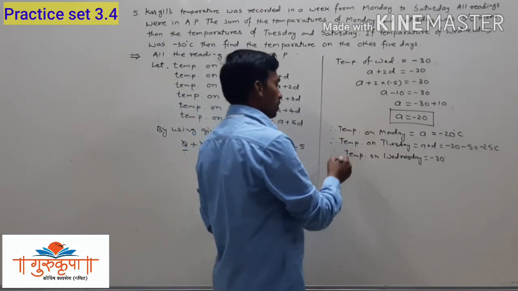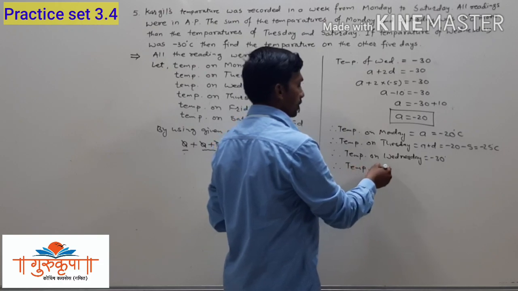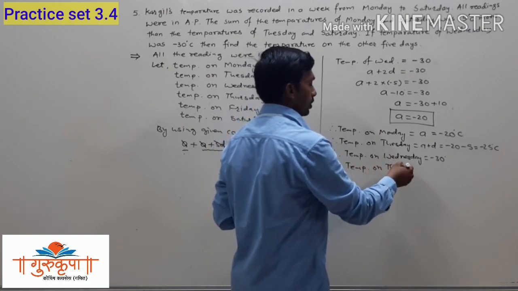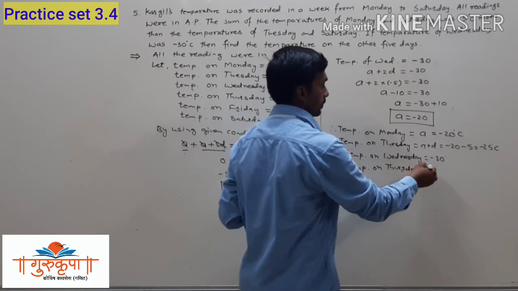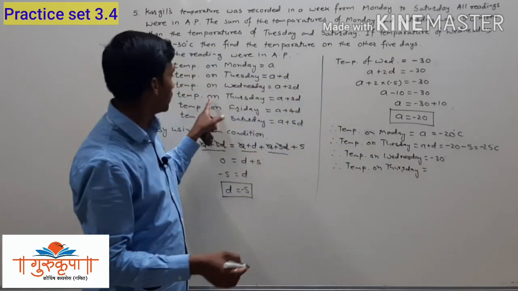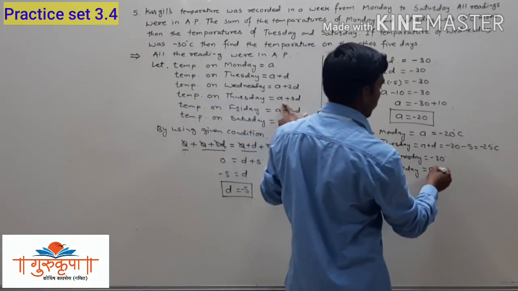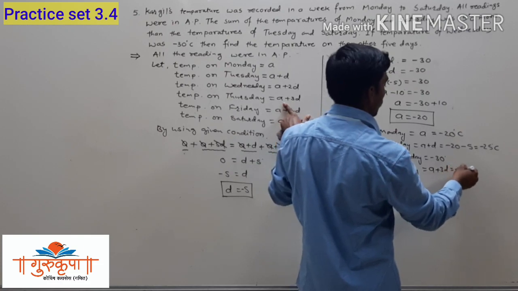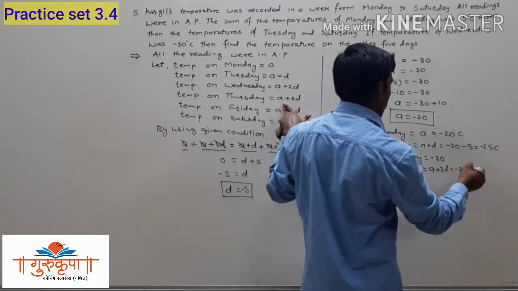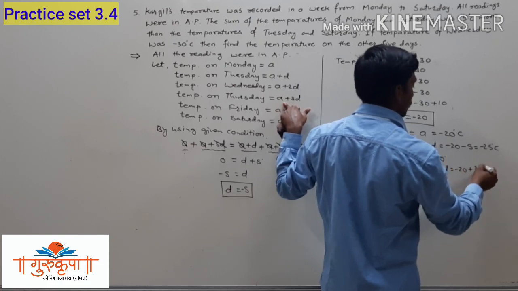Then temperature on Thursday. We considered it as temperature on Thursday A plus 3D. Value of A is minus 20 plus 3 multiplied by value of D, minus 5.